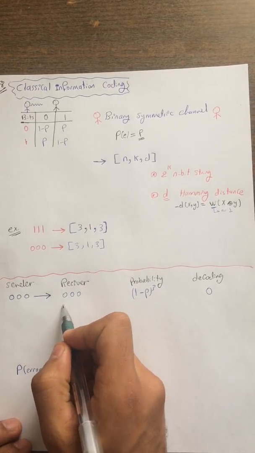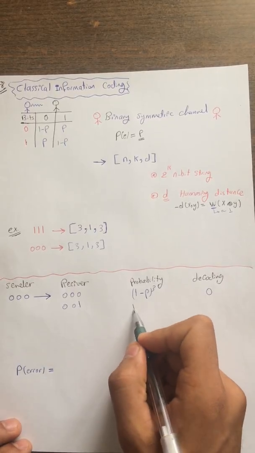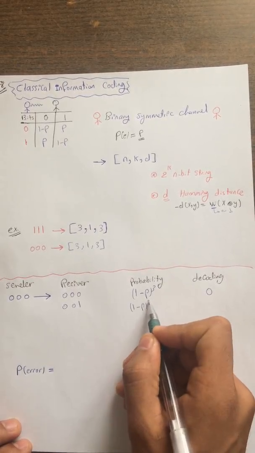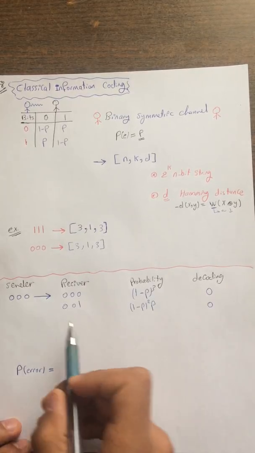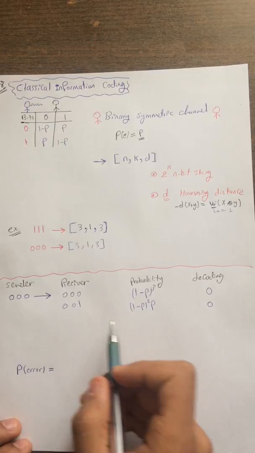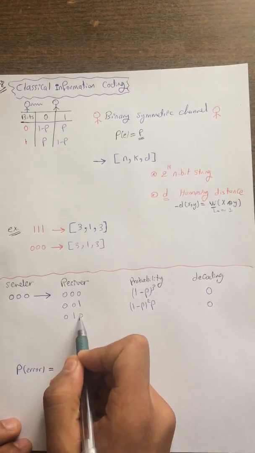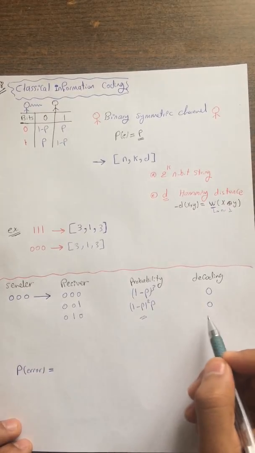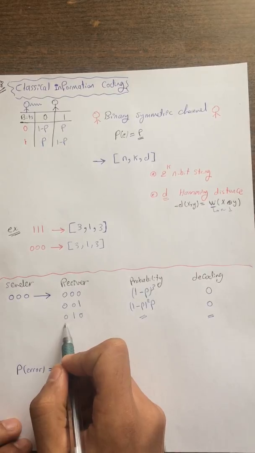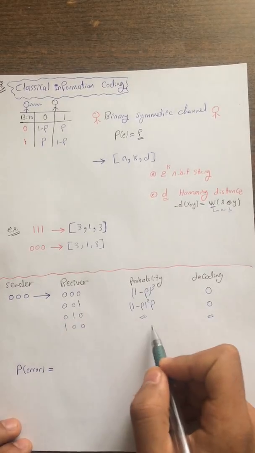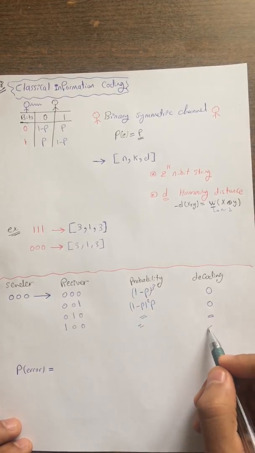Maybe it will be received as 0, 0, 1, with probability 1 minus P squared times P, and it also decodes 0, because the number of zeros is larger. What if I have 0, 1, 0? It gives the same, decoding 0. What if I have 1, 0, 0? It gives 1 minus P squared times P, decoding 0.